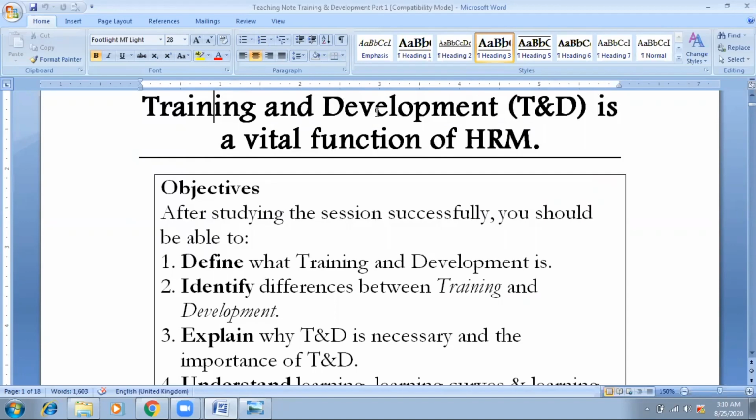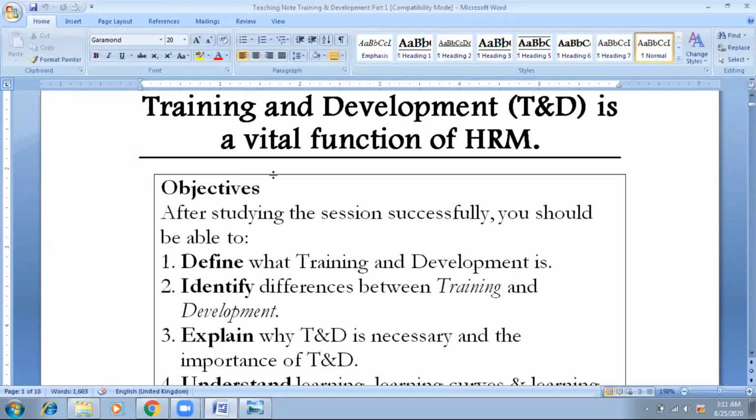Of course, we can consider these two as two separate functions of HRM, but usually, traditionally, we consider training and development together. So therefore, we have here a singular term, even though we can use these two terms as a plural term. The training is one function, development is another function.